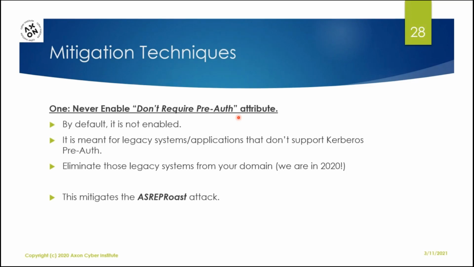You should not lower your security to meet a service that is not well written and not well developed. So never use the don't require pre-auth attribute. Keep every account in your network with pre-authentication. This will eliminate any AS-REP roasting attack by itself.